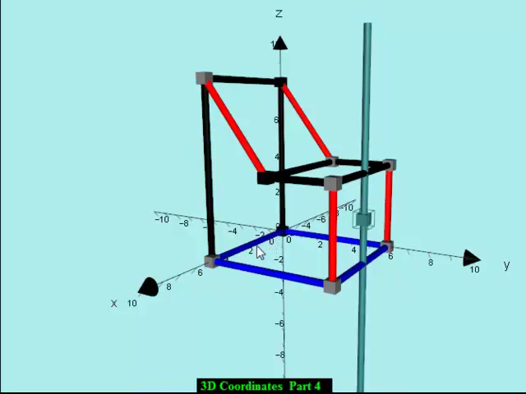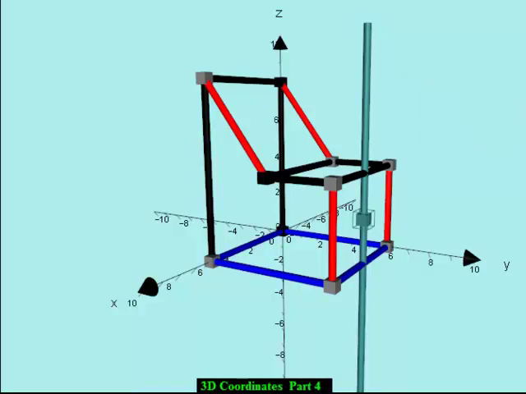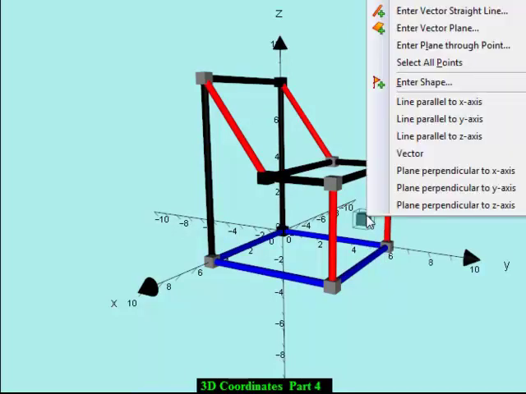So it's 3, 6, 2. There it is. That's what we need to write down. You need to write all your answers in ordered triples, x, y, and z. Don't forget that. Let me just delete that, because I don't need any more.